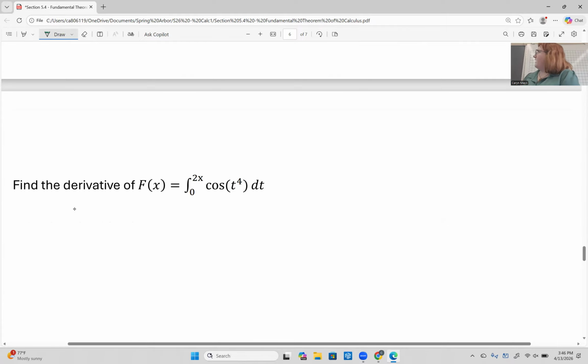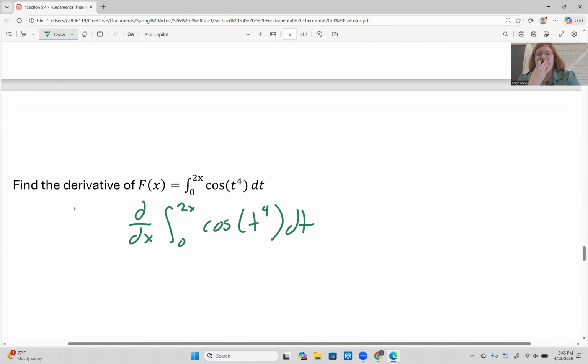I want to find the derivative of this one. What do you think that's going to be?